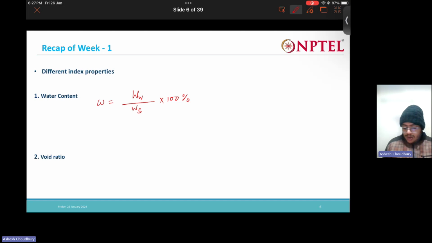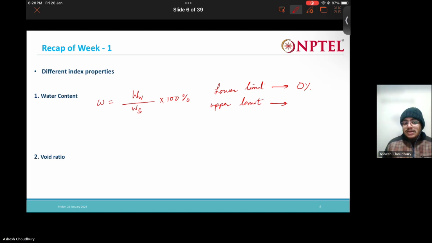So what is the lower limit? Lower limit is 0. For a completely dry soil, the water content is 0%. And what is the upper limit? Is there any upper limit fixed? Is it 100%?